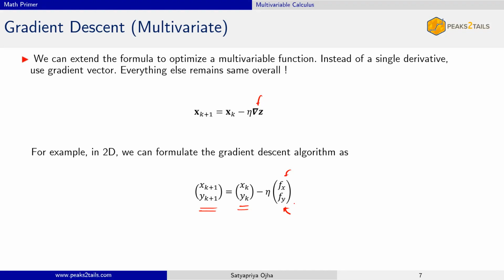But here, one important aspect that you have to remember is you need to update the new point simultaneously. So all the updates will happen in one shot. Do not update one x and then reuse the new x to update another x.